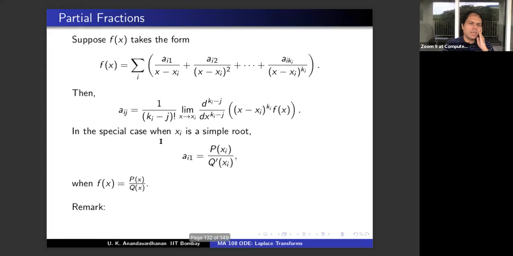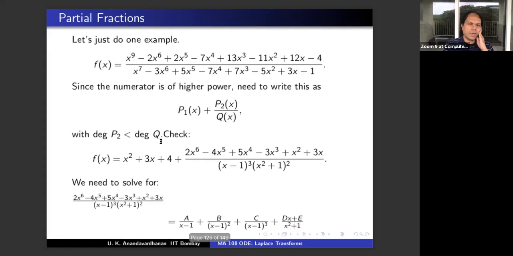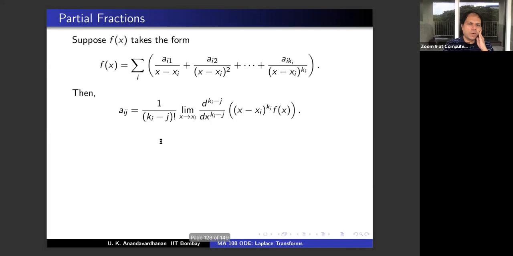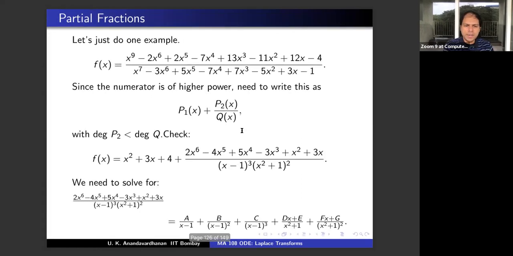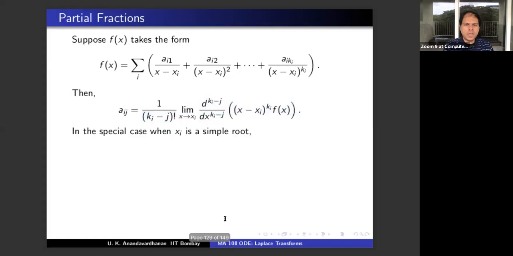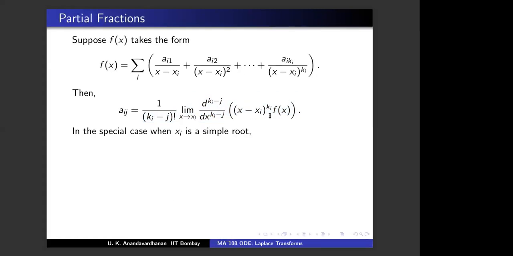If you can write f(x) like this, then the coefficients can be obtained using derivatives straight away. So you have two methods. One method is what you told me, in which case you will have to cross multiply and solve. There's another method where you can easily get the coefficients by using derivatives. Okay, you need to do a small check.